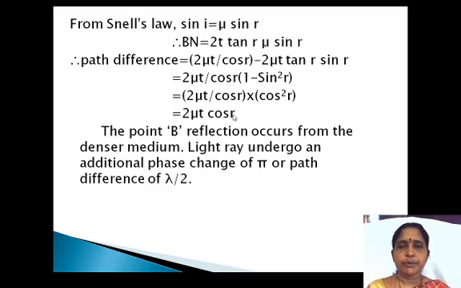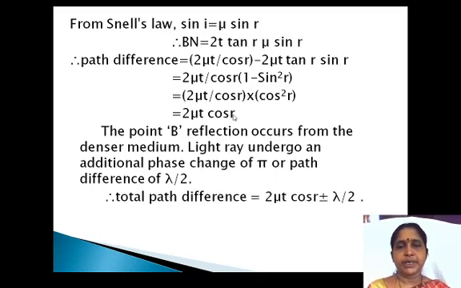So we obtain an additional path difference, and the total path difference between the two reflected light rays is 2 mu T cos R plus lambda by 2.